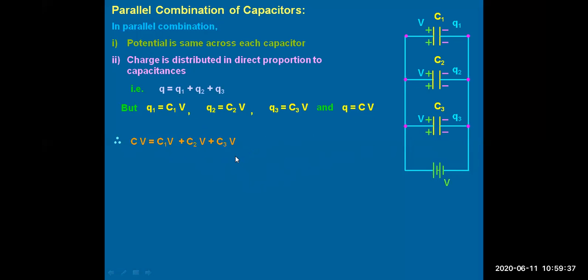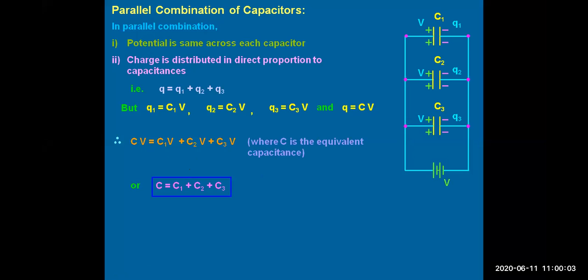V is common. Very good. So when V is common, you can write C is equal to C1 plus C2 plus C3. This is in terms of your parallel combination of capacitors.